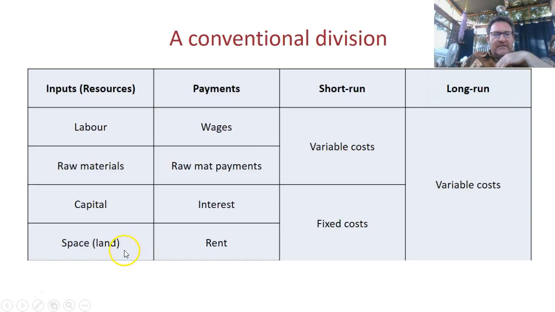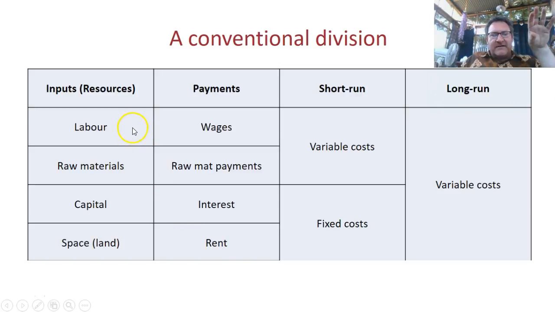Or it might be that the entrepreneur owns some land which they're using for their business, in which case the rent here would be an implicit cost. Okay? That is, the rent that they are foregoing, that they are giving up in order to run their business.